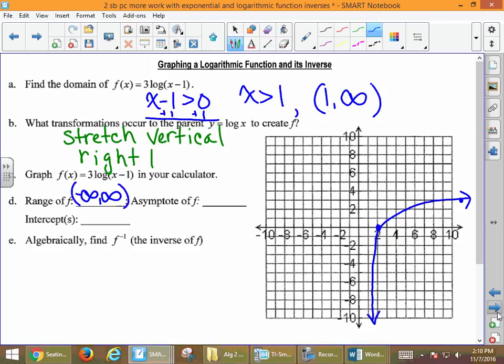Let's deal with the intercept here. Do we have any intercepts in our graph? It looks like we have a value of 2, 0. Do we have an asymptote in here? And we actually do.